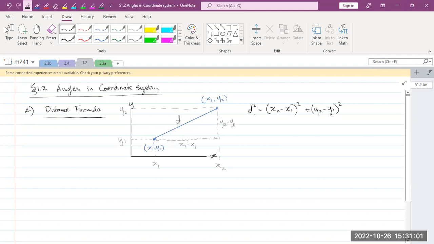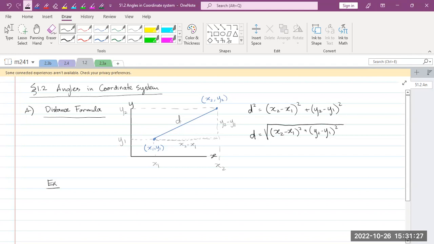Some textbooks, including our textbook, apply the square root right away in the formula, which is also okay. But in my opinion, it is more convenient to use the above formula, plug in numbers, and then do the square root.